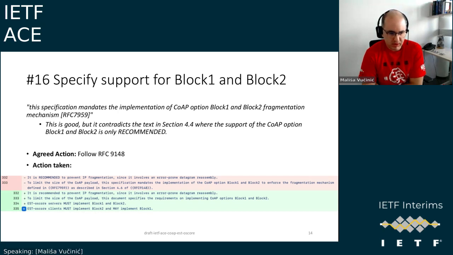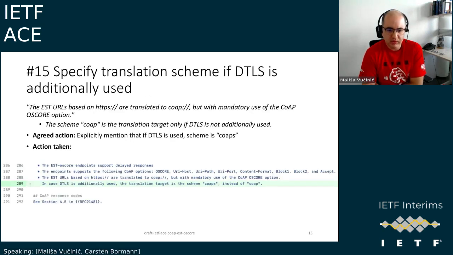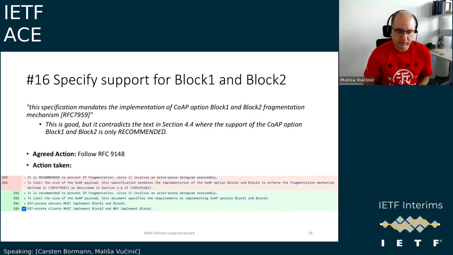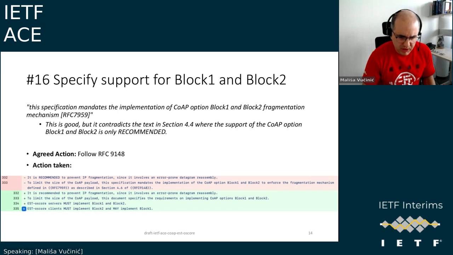I will go back one slide because I just have a quick editorial comment. When you have a passive construction like in the new version of line 332, it's not clear who is recommending that, and maybe you should just say that. So you are referring to "it is recommended to prevent the IP fragmentation." Yes.